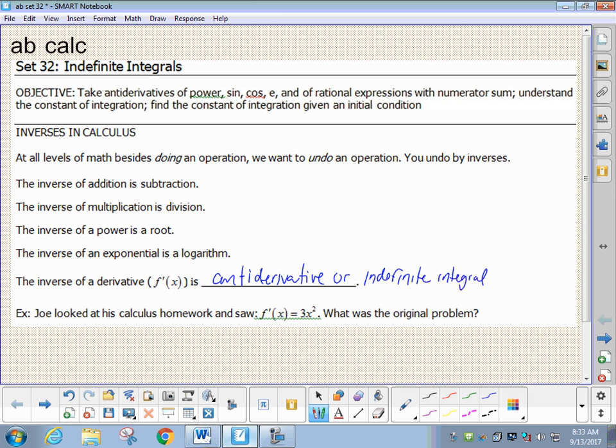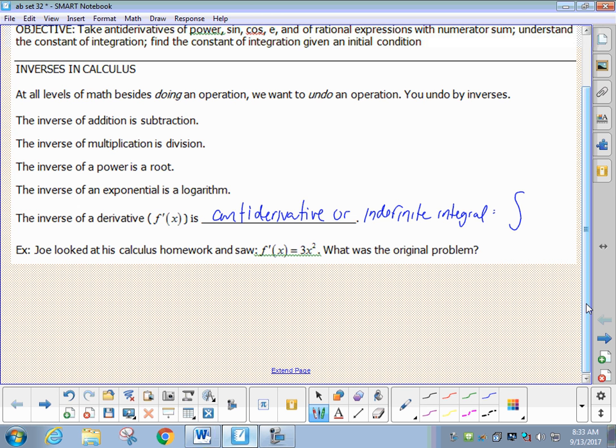The symbol for which then is this, which is a Roman S. Why S, we'll talk about later. Roman S. That's an integral sign. When you do an antiderivative, you're also said to be integrating. All right?